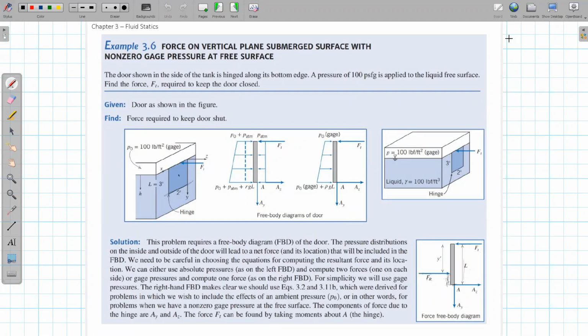No? Okay. So here we spent almost a whole class going through, for a flat plate submerged in water or liquid, what the resultant pressure force will be, and where the center of pressure, the point of application of this resultant pressure force, can be calculated with all the derivation we have.